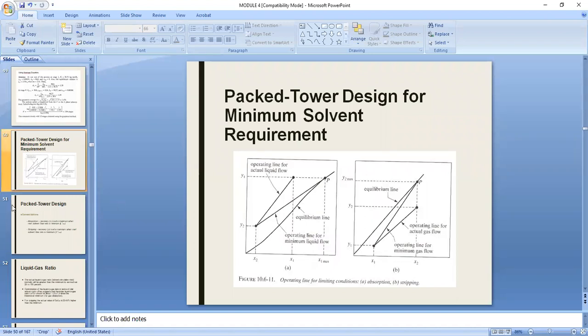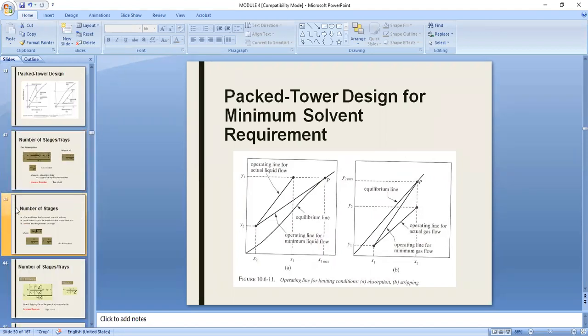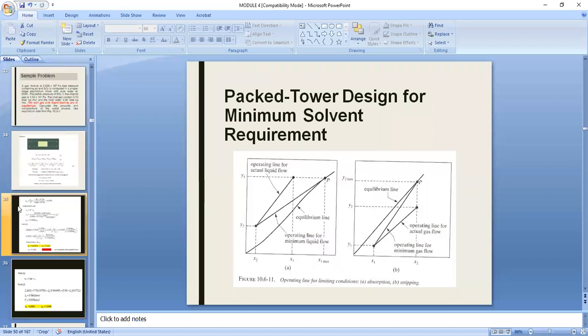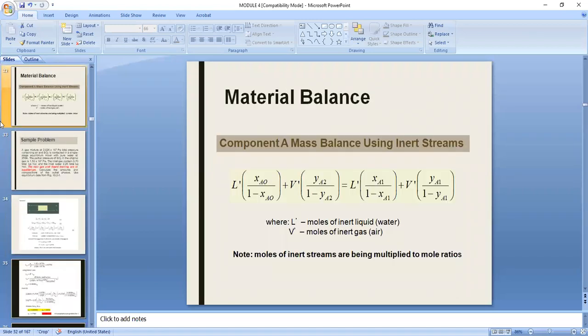How do you determine the minimum solvent requirement? If you go back here, I'll just go back to that equation for easy recall. This one. If it's gas absorption, you are actually determining the L prime minimum.